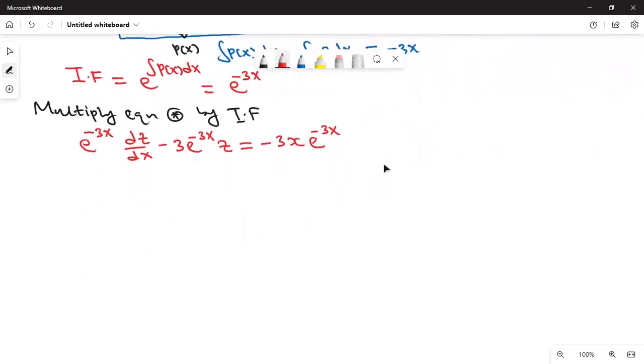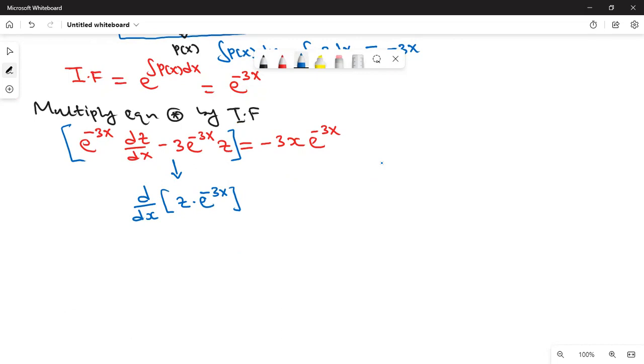Now remember, equation star is linear. So the left-hand side can be rewritten as the derivative with respect to the independent variable of the product of the dependent variable and the integrating factor. So it can be written as the derivative with respect to x, that's our independent variable, of the product of z and exponential negative 3x.